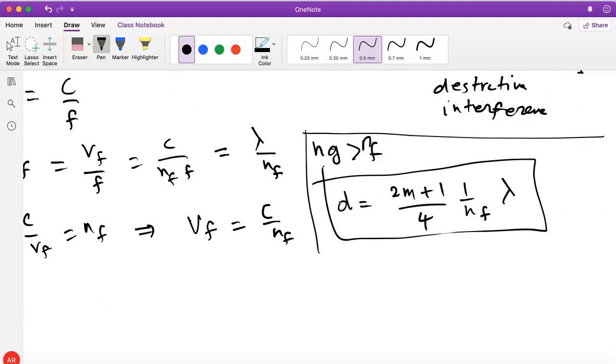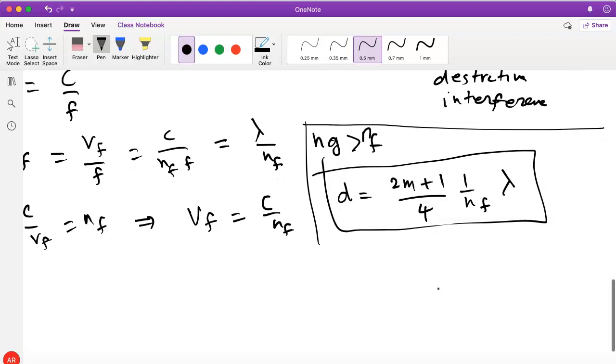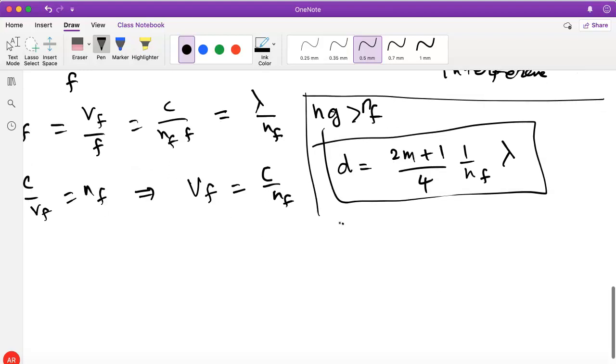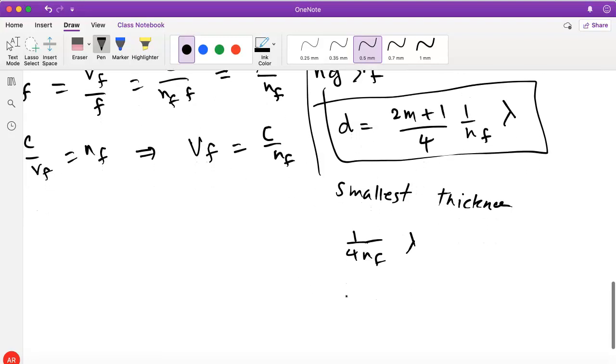We want the positive thickness, so the smallest m we can have is 0 here. So let's say the smallest thickness could be 1/4 nf lambda, right? And then maybe the next one would be 3 times that.